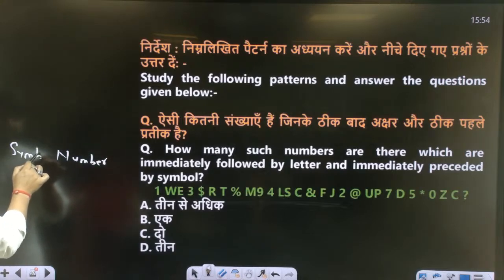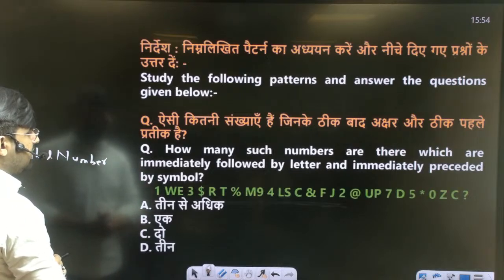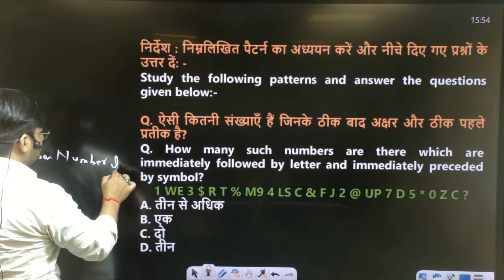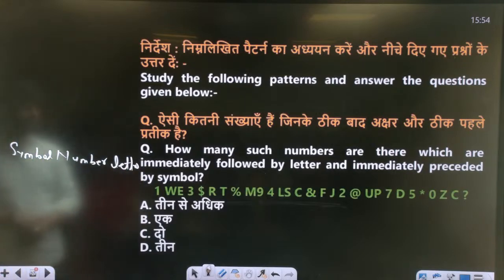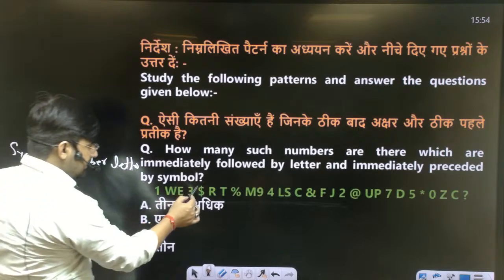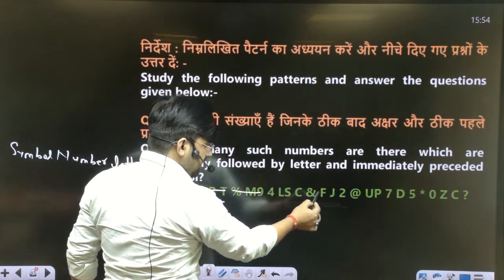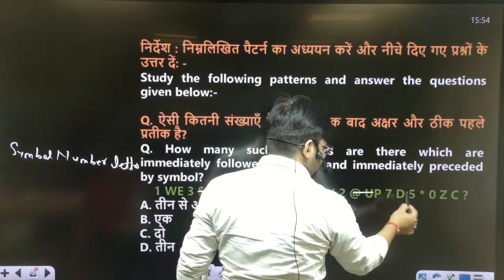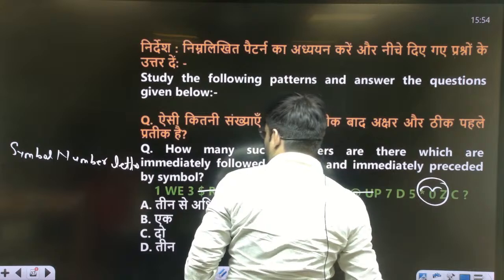Number, symbol, and immediately followed by letter. Symbol, number, letter. So symbol, number, letter. Symbol, no. Symbol, number, no. No. Symbol, number, and letter. Only one.